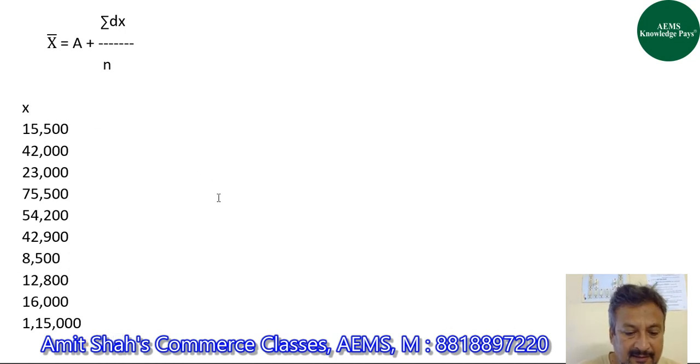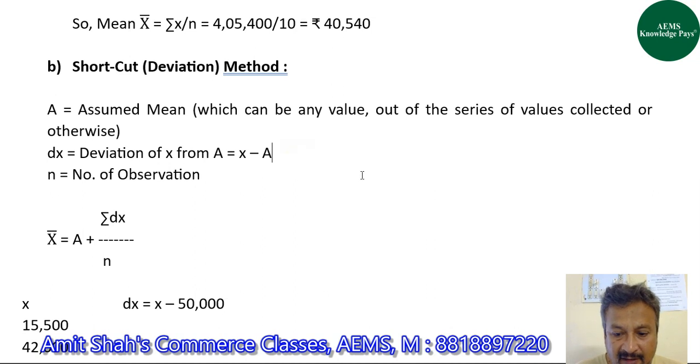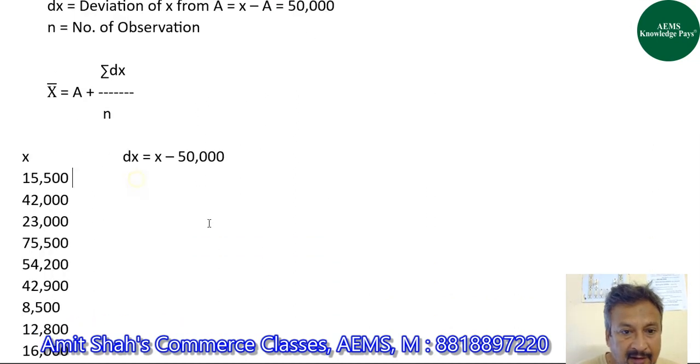This is x. Here we will calculate dx, that is x minus assumed mean. And the assumed mean that I have taken here is 50,000, right?